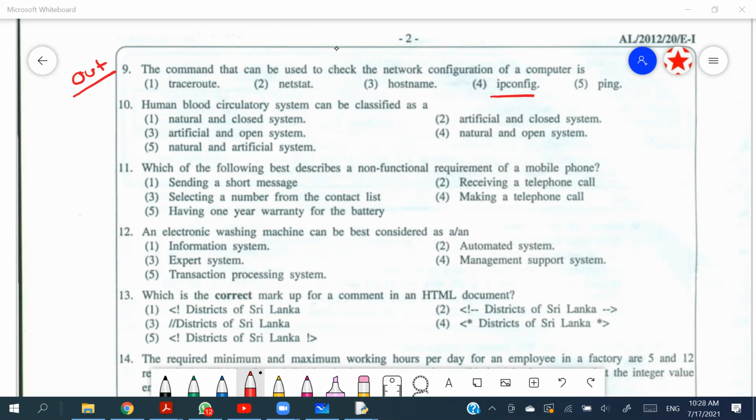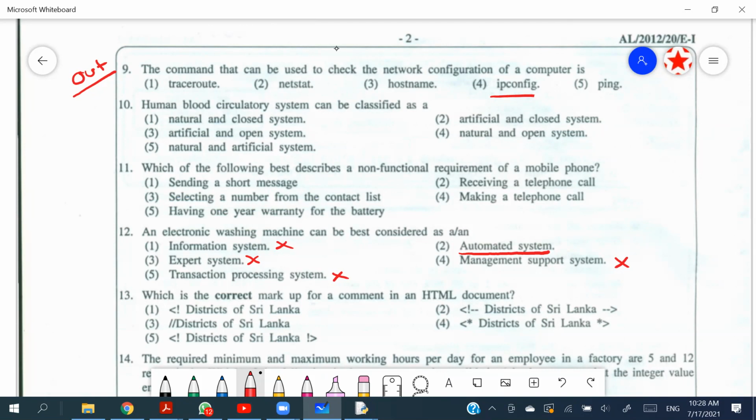So the only place that we can go is the automated system, right? It's not going to be an information system. We are not inputting any information into it. Not an expert system because it is not related to any expertise, right? Not a transaction processing system, as well as not a management support system, right? So the 12th, you can go for the second one, right?